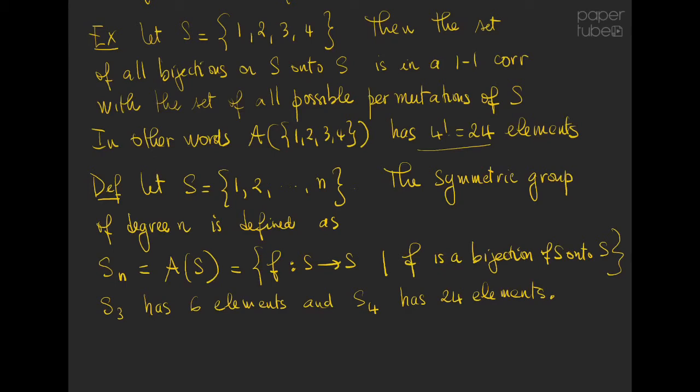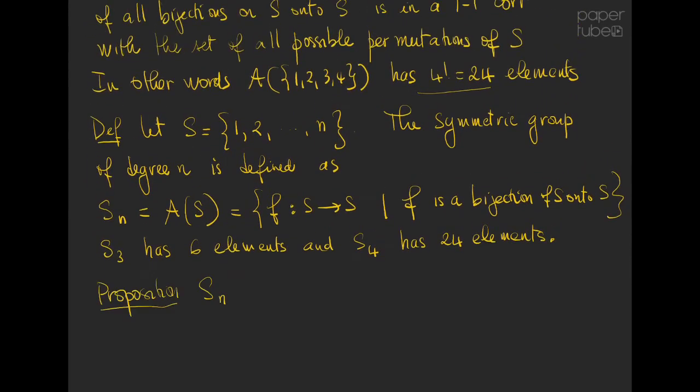So this leads us to the following proposition: Sn has n factorial elements for any natural number n.